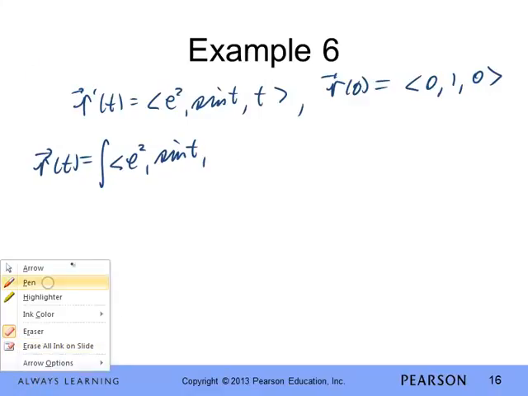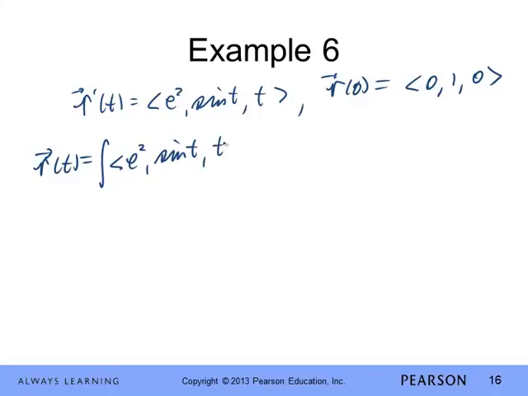See, that's why my mind cannot keep up with my hand. dt. So here we go. We have e squared t, negative cosine t, 1/2 t squared, plus some constant vector.